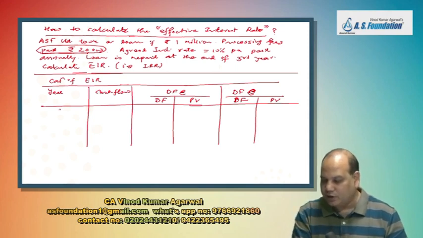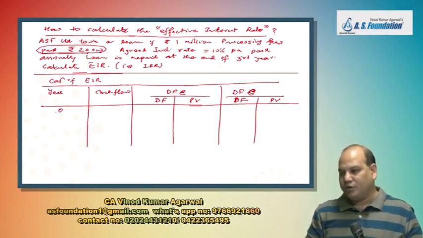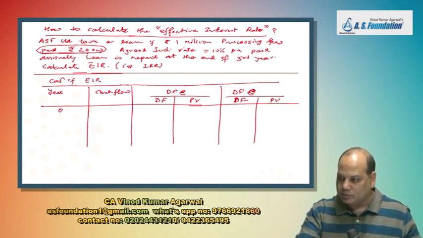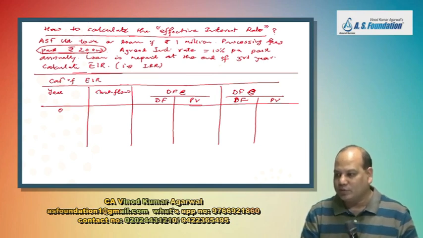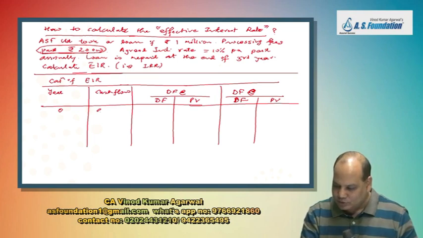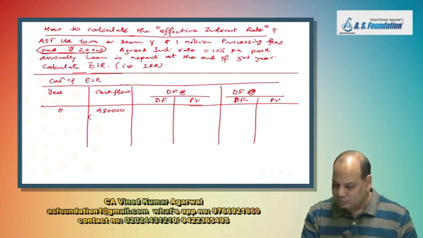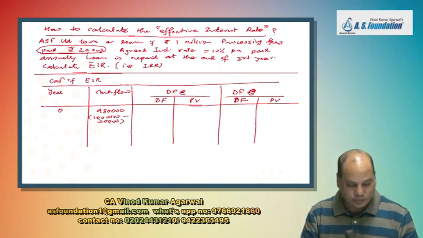So identify the cash flows. Year 0, we took a loan of 1 million, but the processing fees paid is 20,000. So what is the net cash flow? 10 lakh minus 20,000, is it 9,80,000? You put this number in bracket.